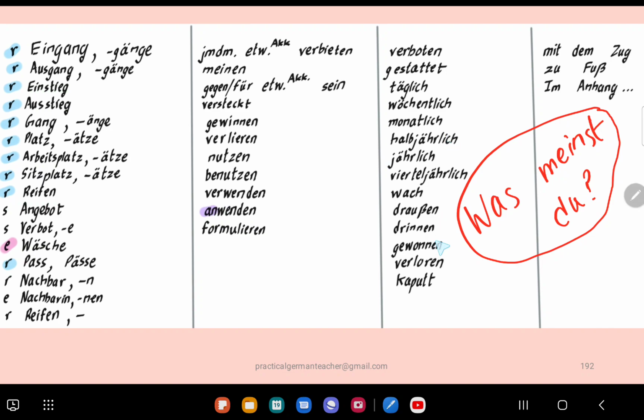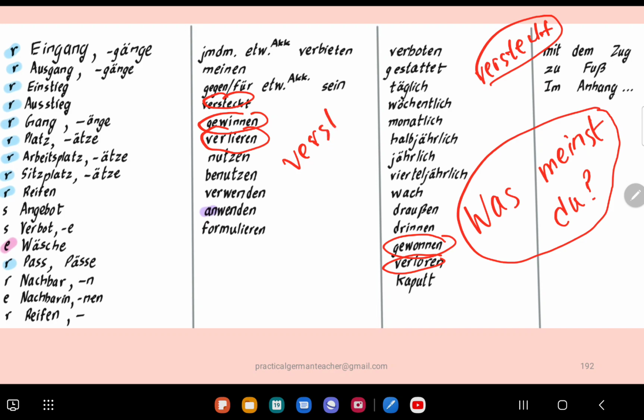Okay, the way you have verloren as adjective, gewonnen as adjective, you also have verbs verlieren, gewinnen, to lose, to win, which should be here. Versteckt is here. It means hidden. The verb is verstecken.